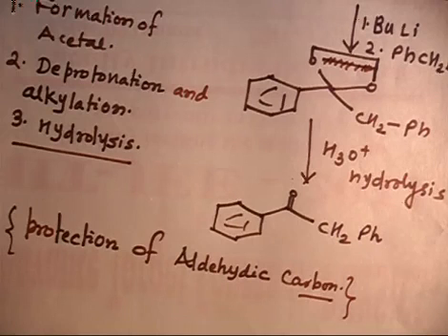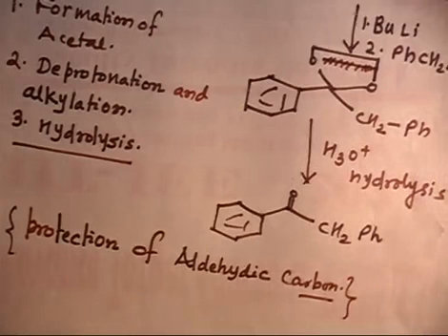Even I did not know what I could do. Okay, so let us discuss this problem here itself. Write it down and then we go for the next problem. So what are the steps we followed? We followed formation of acetal to protect the aldehyde, and then deprotonation, then alkylation, then hydrolysis. These are the final steps.